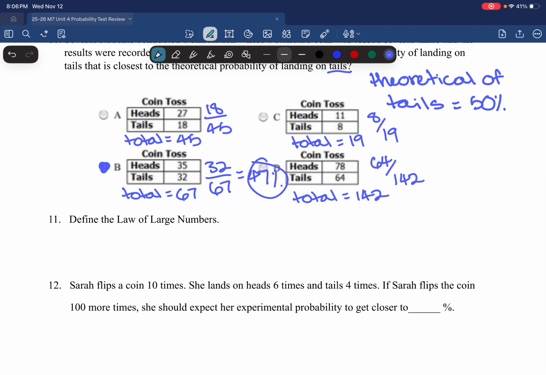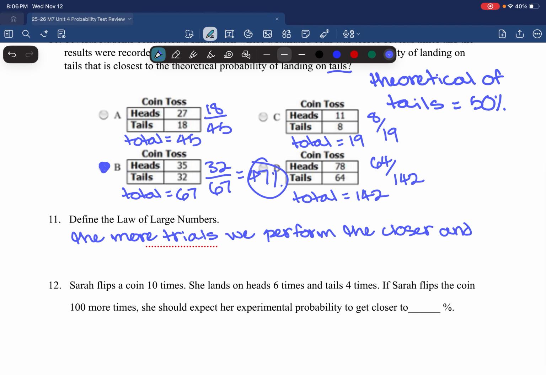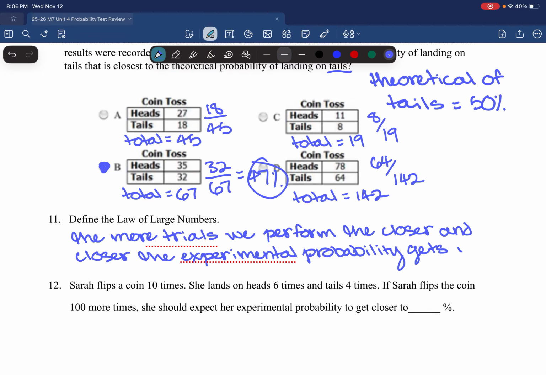So I am going to say the more trials we perform, the closer and closer the experimental probability gets to the theoretical probability.